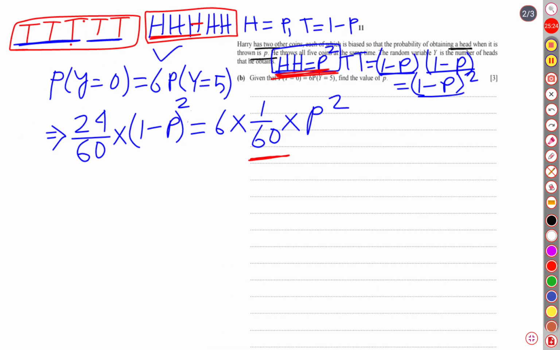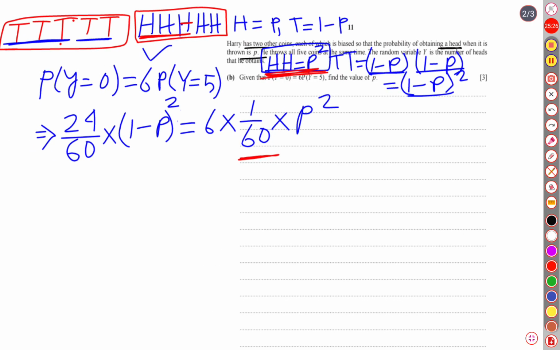So let us solve this. From both sides, if we divide by 60, this 60 will go away. Then what remains? It is 24 into (1 minus p) whole squared, using a minus b whole squared, so a squared minus 2ab plus b squared.